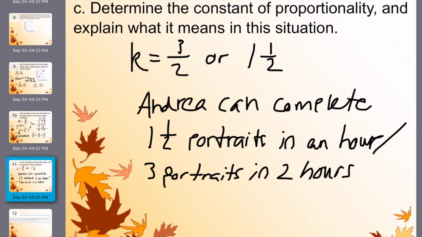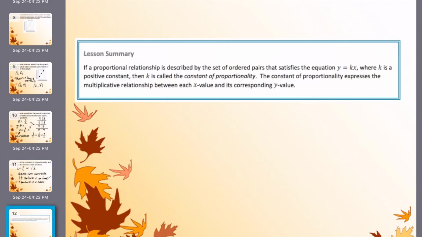So that's pretty much our lesson for today. So let's wrap it up with the lesson summary. If a proportional relationship is described by the set of ordered pairs that satisfies the equation y equals kx, where k is the positive constant, then k is called the constant of proportionality. The constant of proportionality expresses the multiplicative relationship between each x value and corresponding y value.